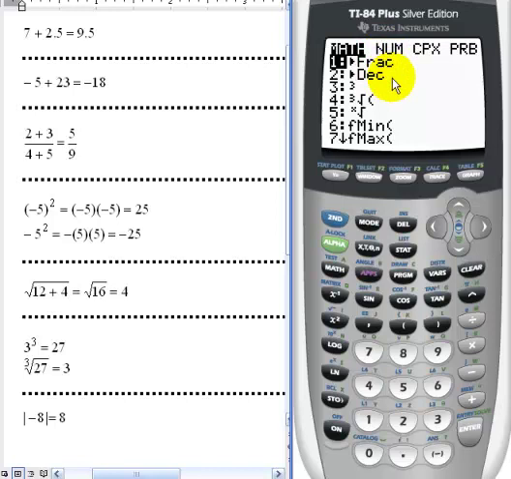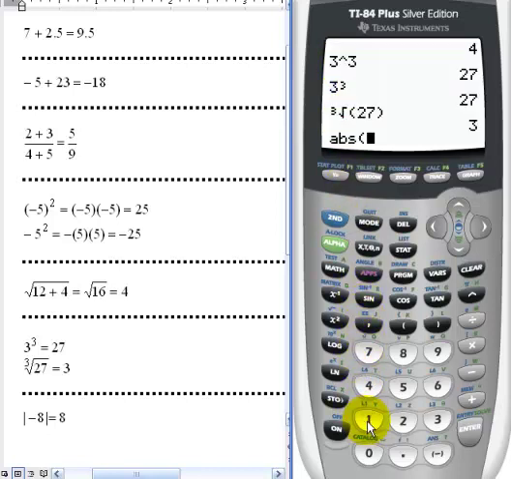I need to go to the num menu, so I hit the math key, then the right arrow. And the very first option is ABS. Since it's highlighted, I can hit enter, or I can just punch the number 1 to call out the ABS. So this is the absolute value of, let's say, negative 8. Close off my absolute value with the parenthesis and hit enter, and there's 8.